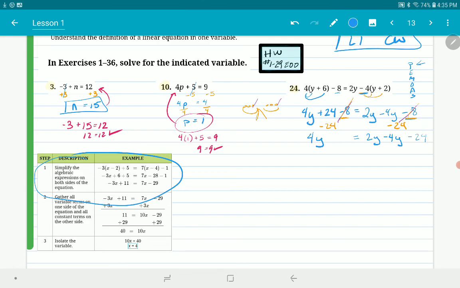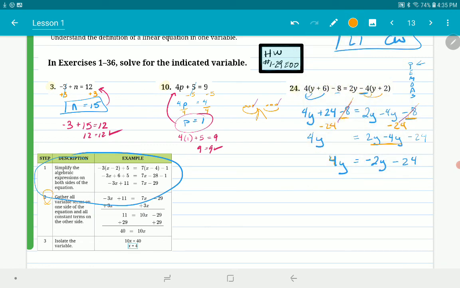And then I can combine like terms. I see I can combine these two. So the 4y, oops, sorry, that should be a blue one. 4y is already in simplest terms, but that 2y minus 4y, I can combine those because those are like terms. So I'm going to rewrite that as a negative 2y minus 24. And again, I want to gather all my variables on the left.